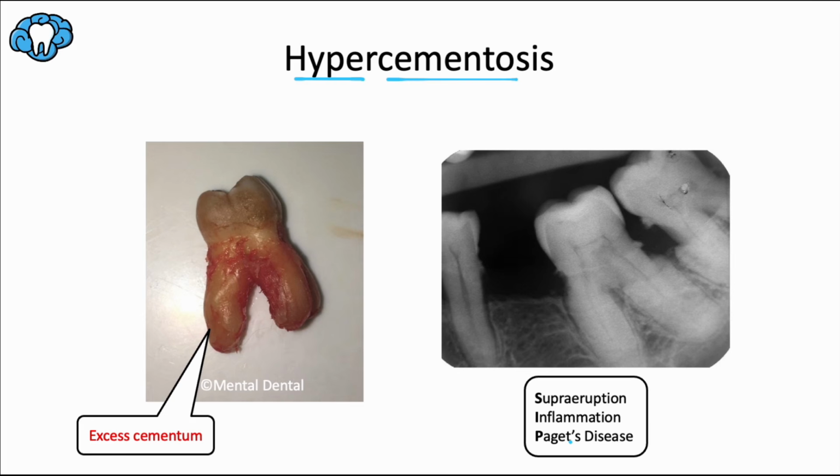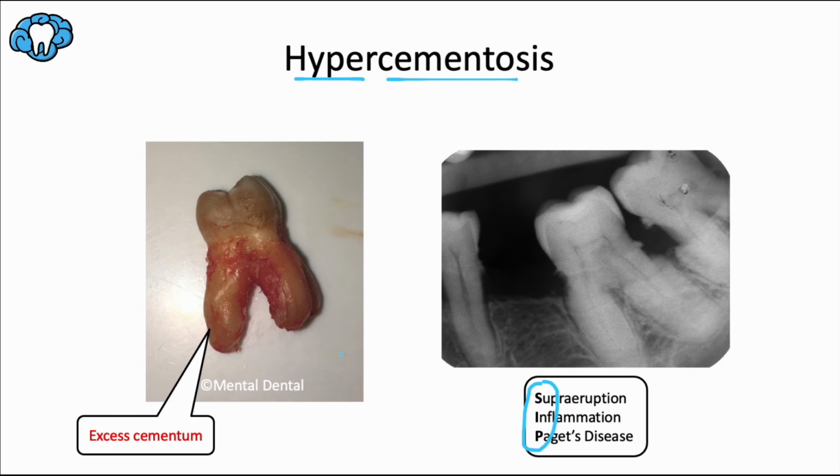It's also sometimes associated with concrescence, where, as we just learned about, the cementum of two adjacent teeth fuse together. You can remember these three possible contributing factors with the silly mnemonic "sip on cement." I certainly do not ever recommend sipping on cement, but for the purposes of remembering, let's just imagine those tooth roots getting thicker and thicker as we sip on cement.